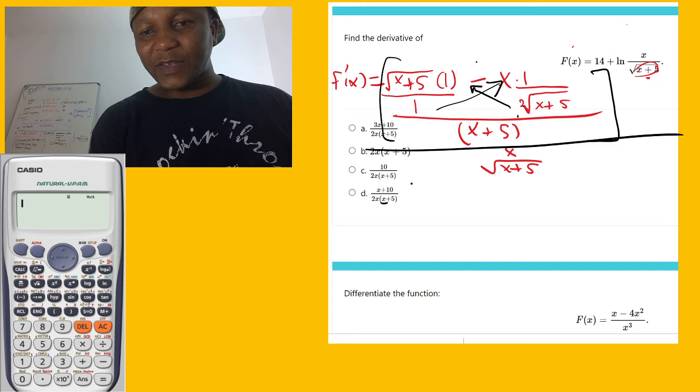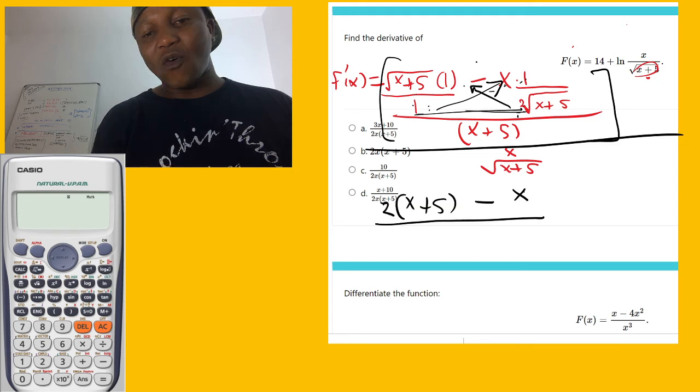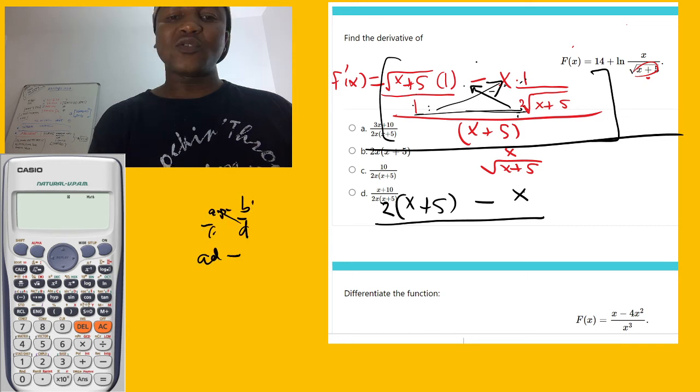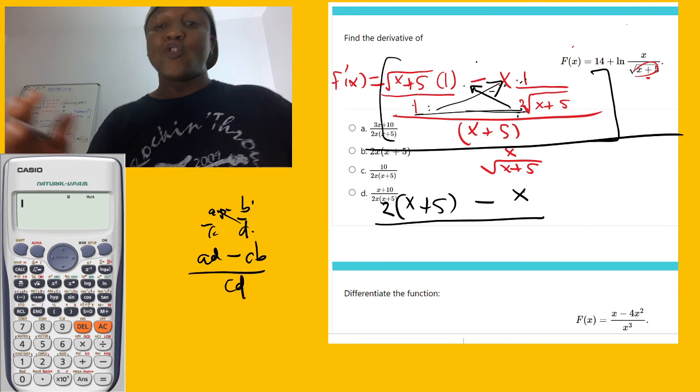But I got my 2 here, right? This 2 must be here. Minus 1 times 1 times x, which equals x. And then you multiply this 2. It's like somebody gives a minus b over c and this d. So you say this multiplied by this equals ad minus cb, and then you multiply c. Normal common denominator in fractions.